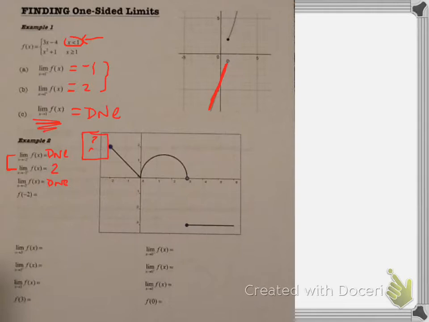Now, let's take a look at the last question, which is just f of -2. Let's separate that a little bit. What we have to understand here is this is not the same question, really. f of -2 is not really interested in whether I'm approaching a number. It's really asking what is the exact value when x equals -2.